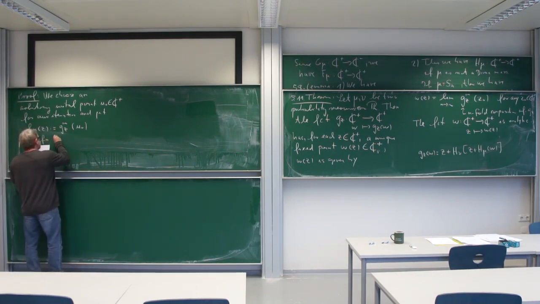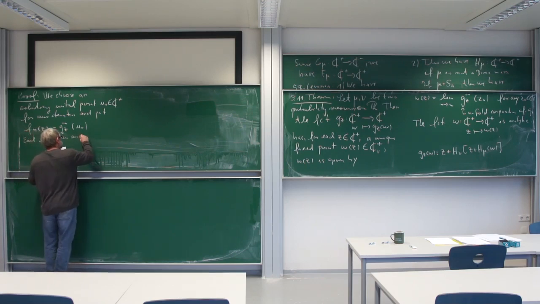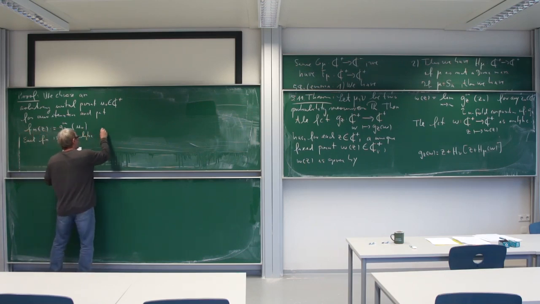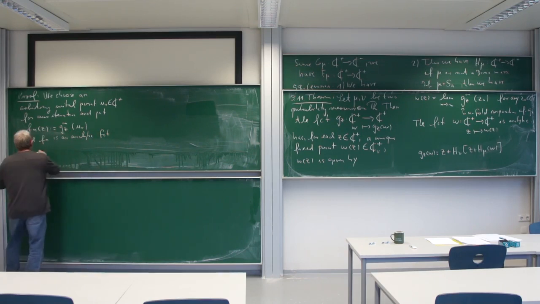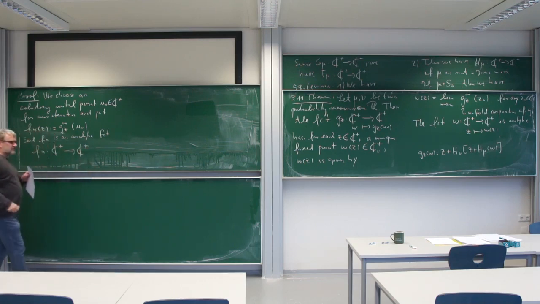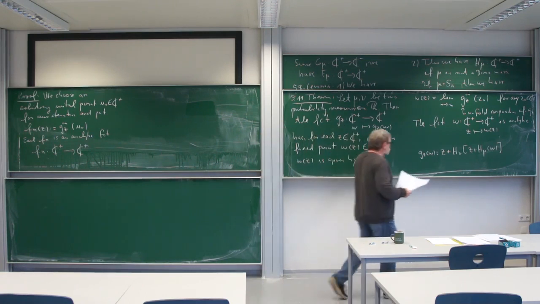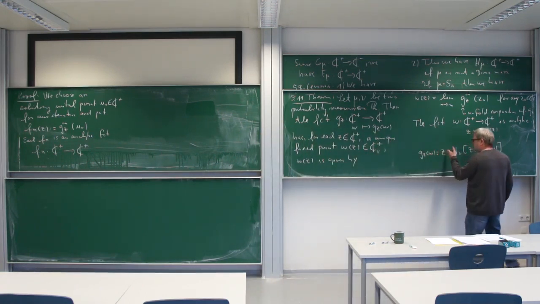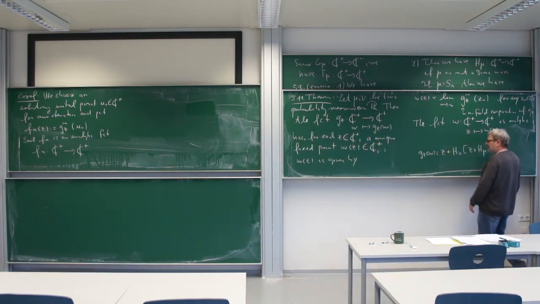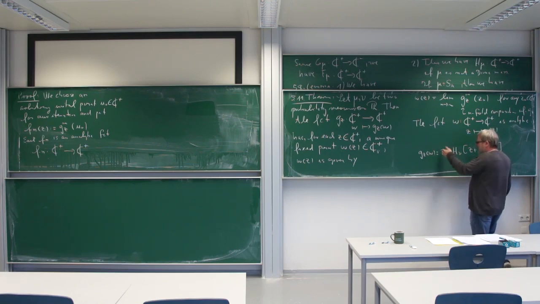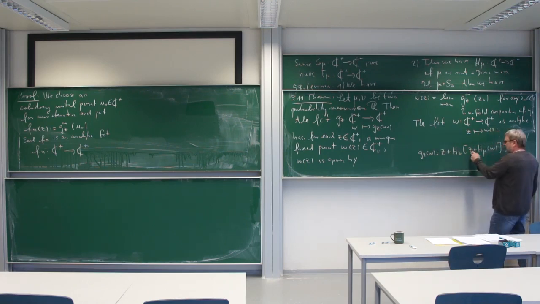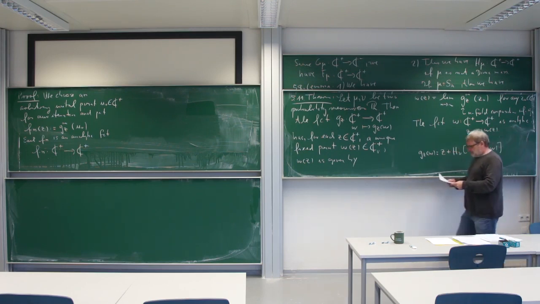Each f_n is an analytic function. So f_n goes from C plus to C plus, because we know that g_z of w for any value of z and any value of w is in C plus. And we consider this and its iterates as functions in z, and the dependency is analytic, of course, because those are analytic functions.